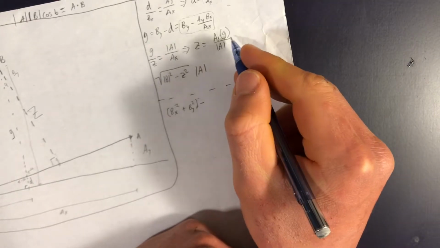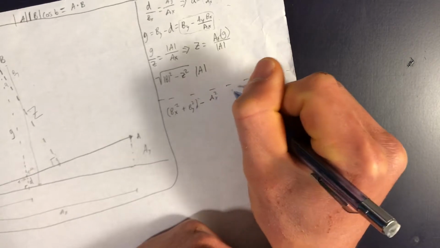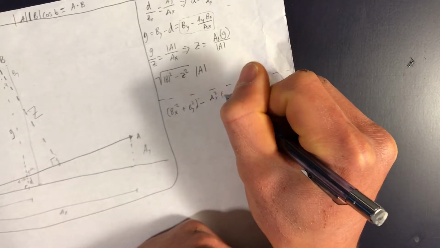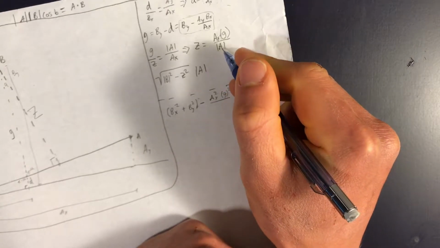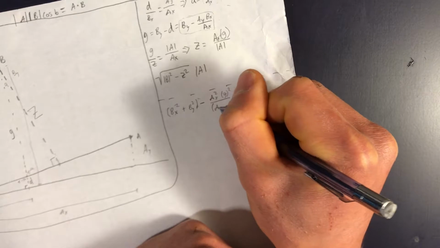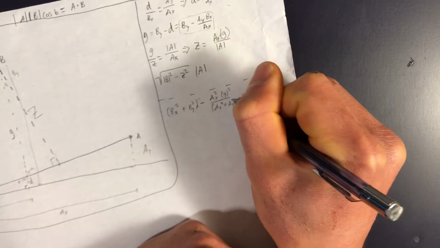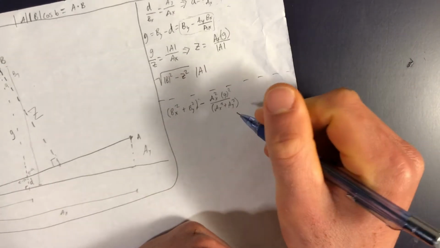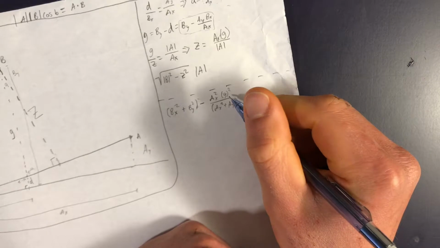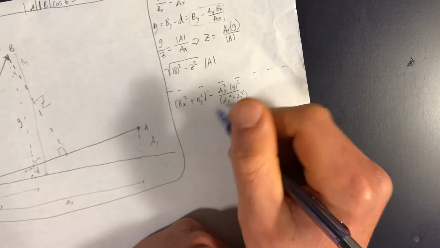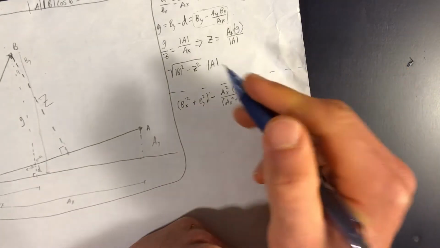So, yeah, we'll just do X squared, G squared. And then sort of the same thing here: AX squared plus AY squared. Yeah, okay, now this simplifies, or plug G in.